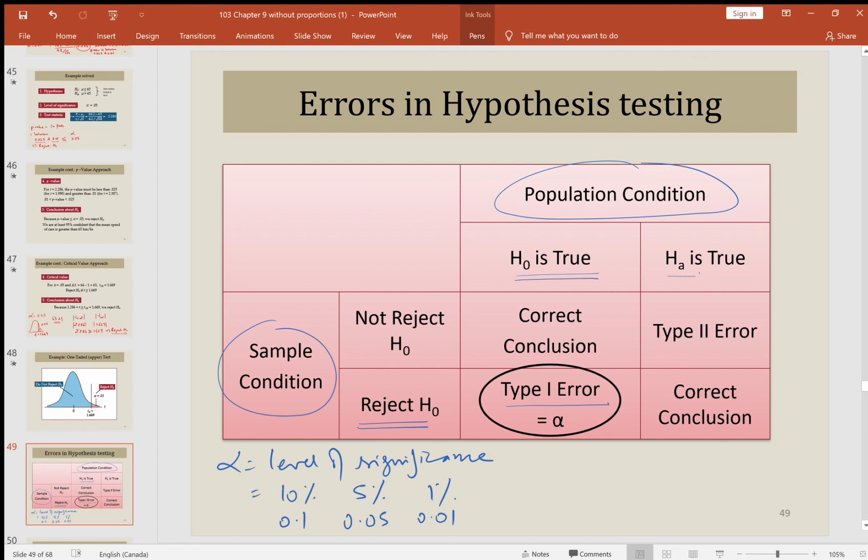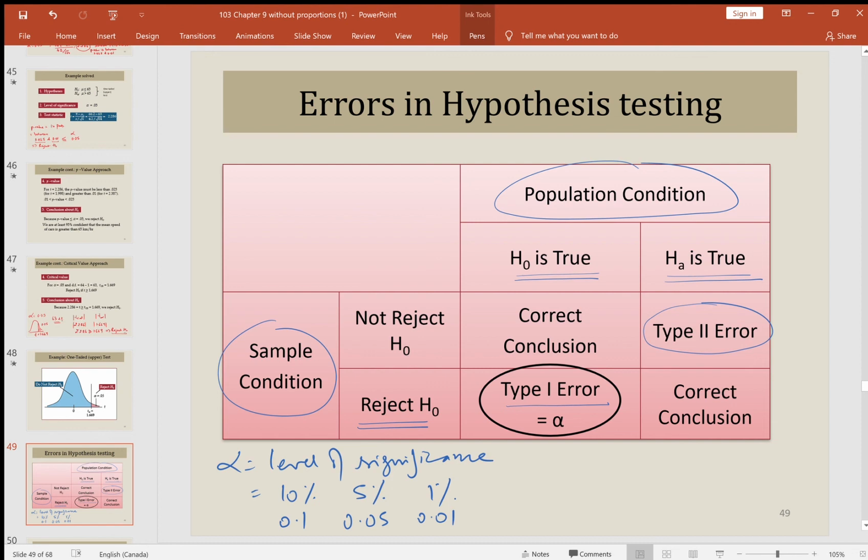But if you tested the medicine on everybody, the population condition is that the null is rejected and the alternate is true. Okay, you would have rejected the null and you would have said the alternate is true, but on the basis of your sample, you're saying do not reject the null, right? So that is called a type 2 error.